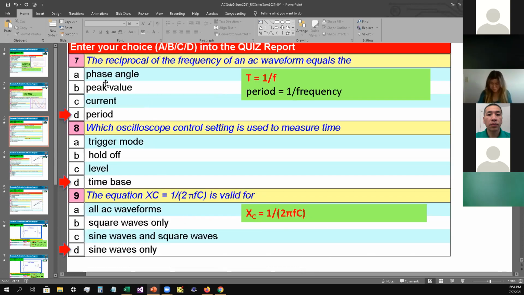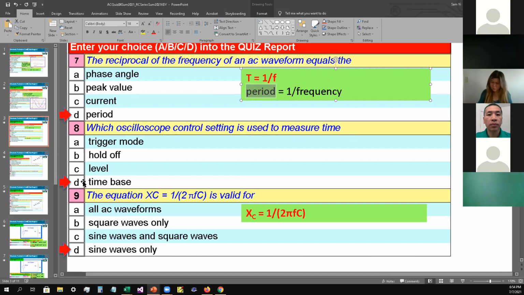Okay, number 7, the reciprocal of the frequency of an AC waveform equals, so T equals 1 over F, the period equals 1 over frequency. So it's the period, and the answer is D as in delta for number 7. Number 8, when an oscilloscope control setting is used to measure time, that's called the time base.